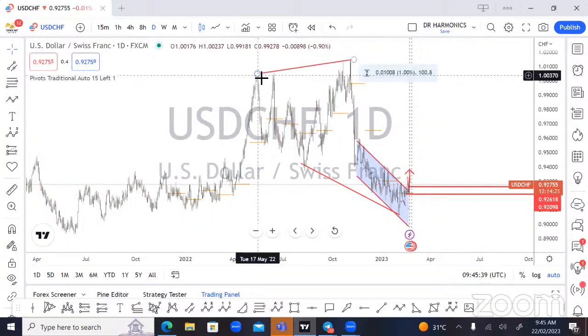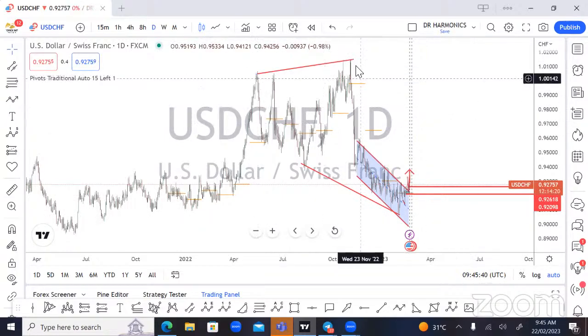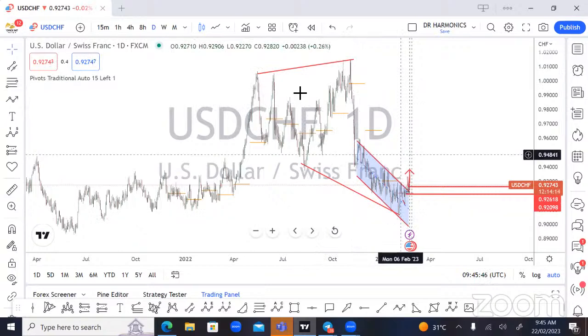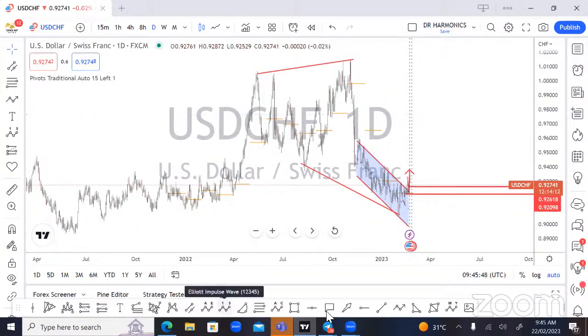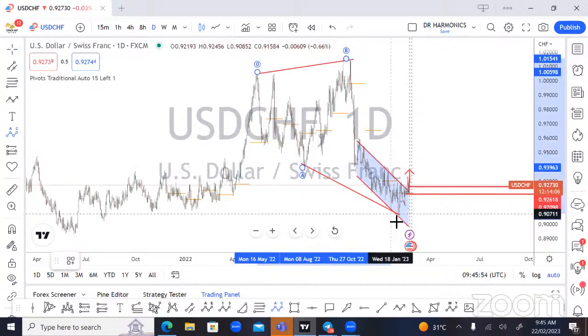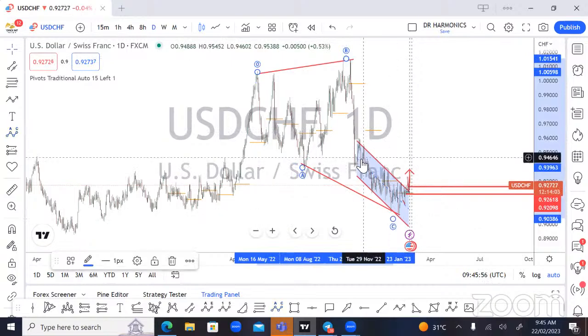Now, this swing structure formed an irregular flat correction, or an expanded flat correction. So we have A, B, C.